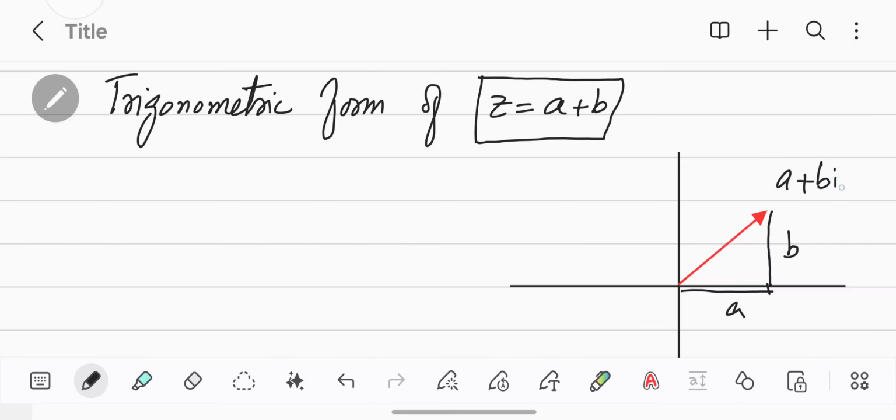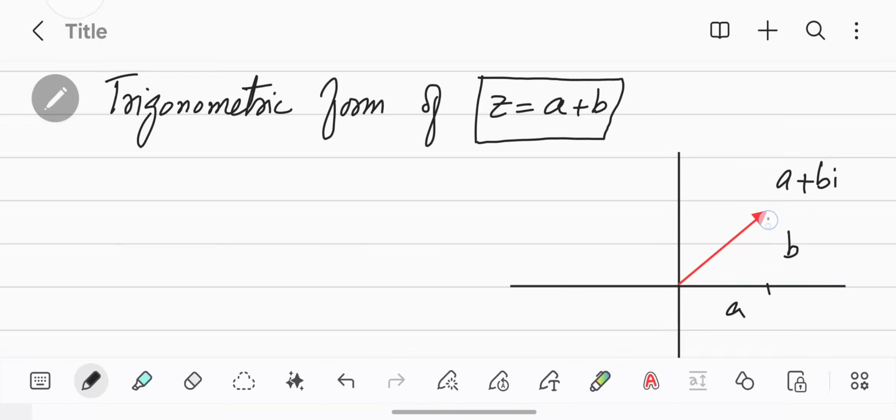Okay, you know every complex number can be represented as a vector, because the real part can be the length along the x-axis, and the imaginary part will be the length along the y-axis.